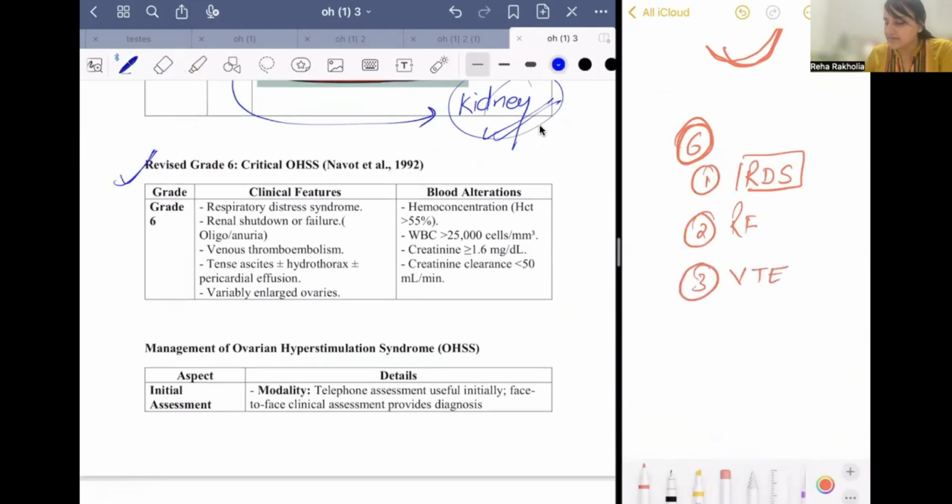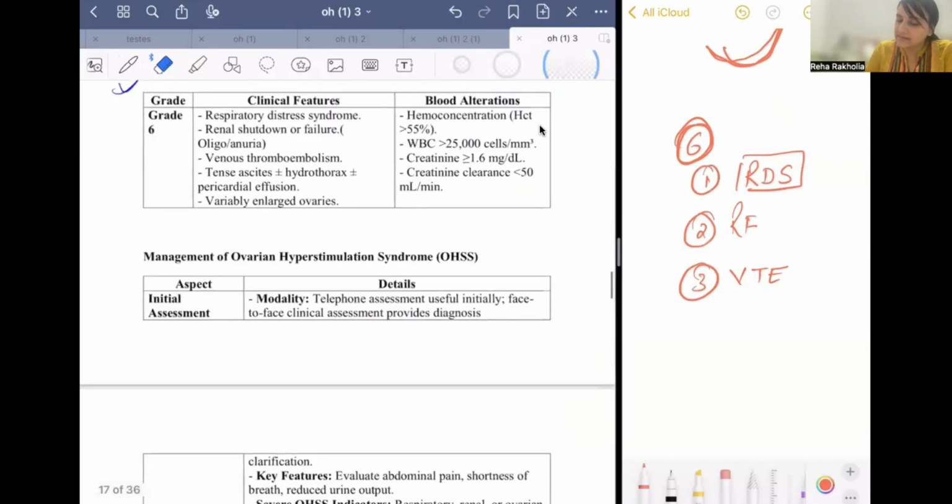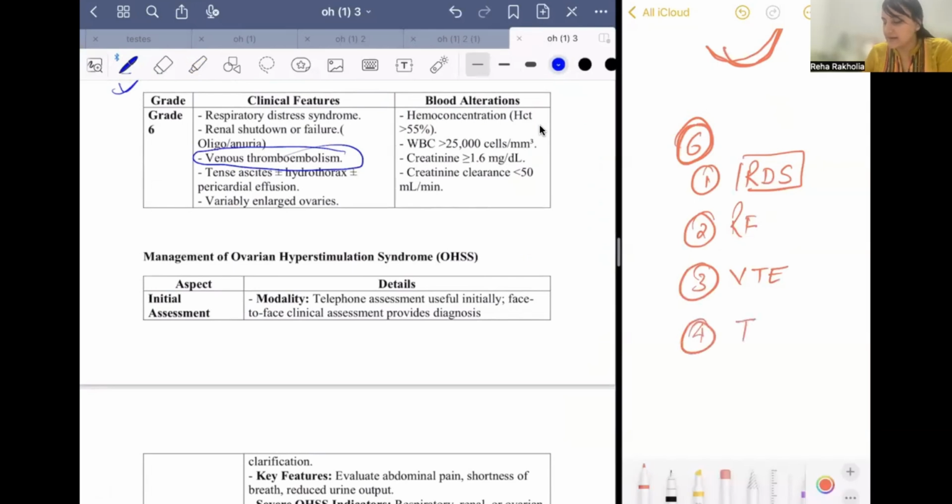In severe, we were seeing that there was clot, there was more viscosity, but there was no thromboembolism. But in critical there will be venous thromboembolism. Okay. Fourth is tense ascites, hydrothorax, plus pericardial effusion.